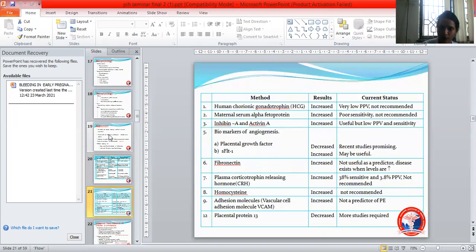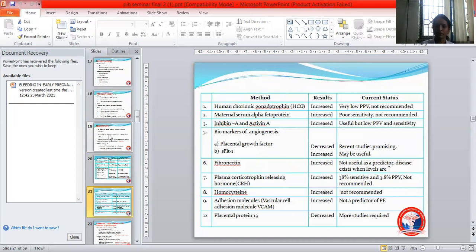And in blood also, there are many biochemical parameters which are found to be increased, like HCG, maternal serum alpha fetoprotein, inhibin, activin, homocysteine, fibronectin and corticotrophin releasing hormone. They are all increased in patients with higher risk of developing preeclampsia.